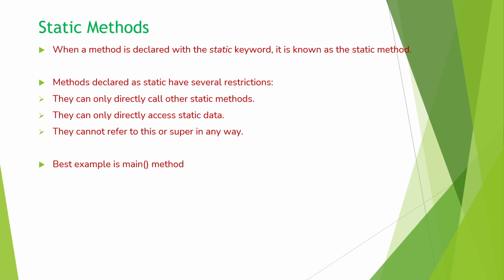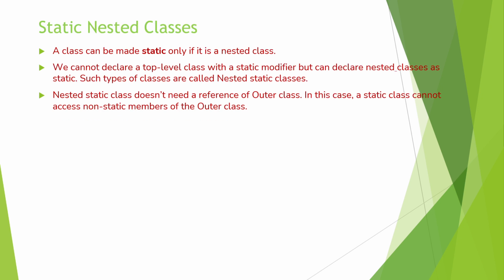These two keywords cannot be used in static methods, because static methods are associated with the class, not with the object, but this and super are related to objects. The best example is the main method, public static void main. That's the best example.